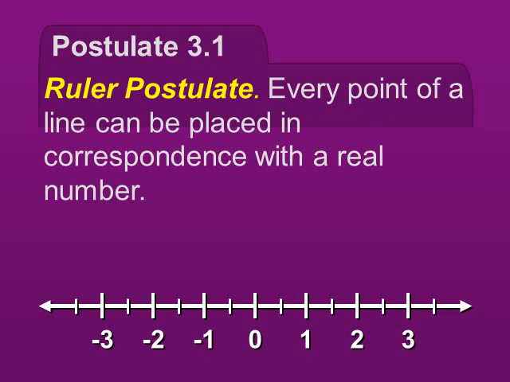Okay, so the first postulate for today is called the ruler postulate. Every point of a line can be placed in correspondence with a real number. So the main idea here is that if we have a segment, we can put a ruler up to it and we can know exactly how long it is with a number.